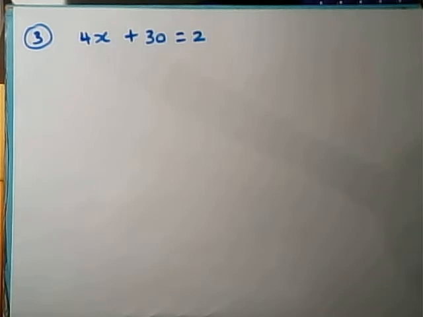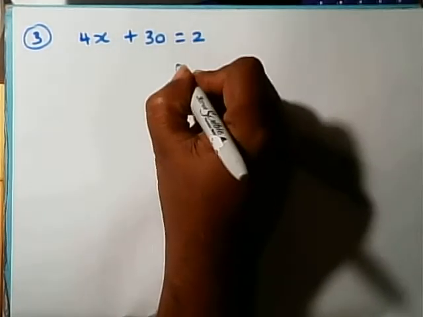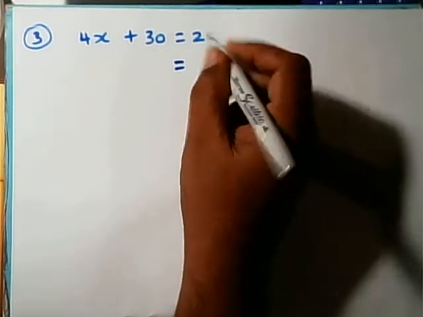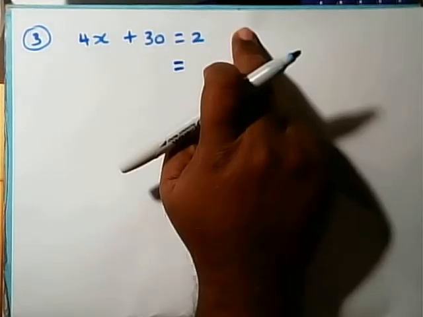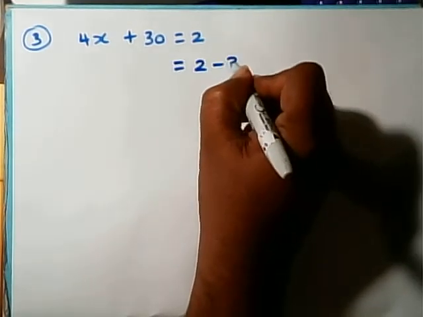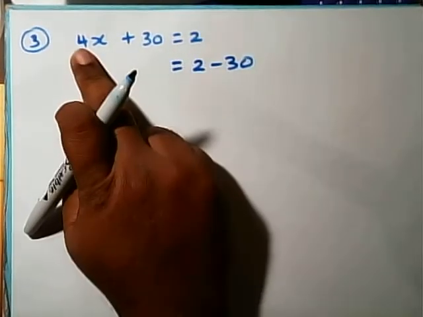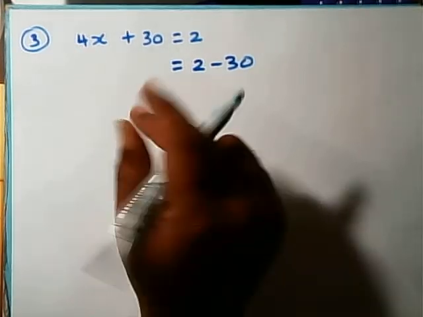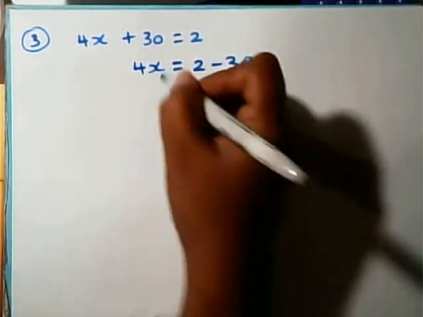What I did before was a lot of writing, which I would do to explain to a beginner. But the way I would do it for myself, I would just write out a little bit of stuff. I'll move the 30 across and I'll have the 30 come across as minus 30. So I'll have 2 minus 30. The 4x would be alone on this side. That's how I'd write it.